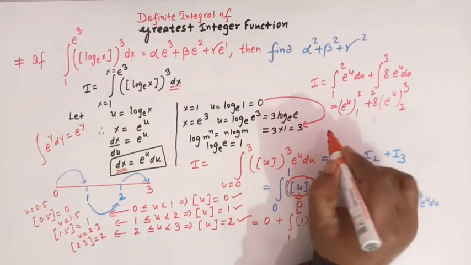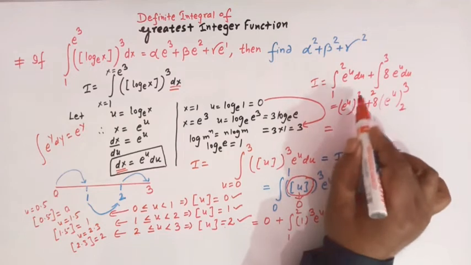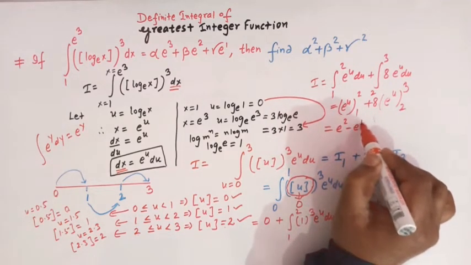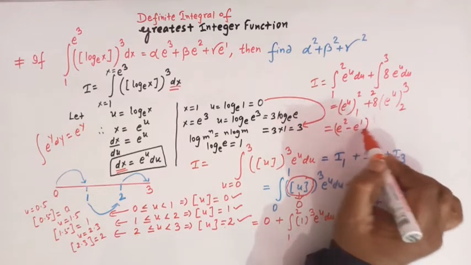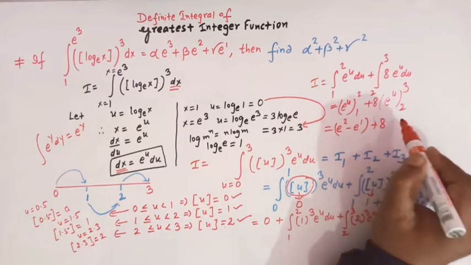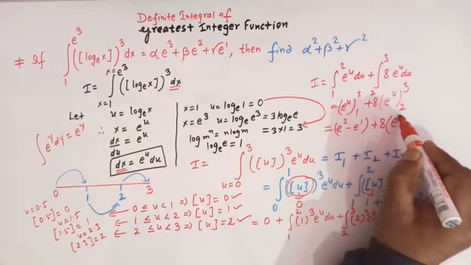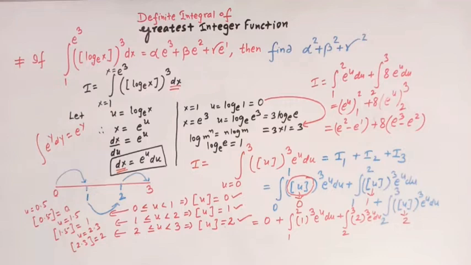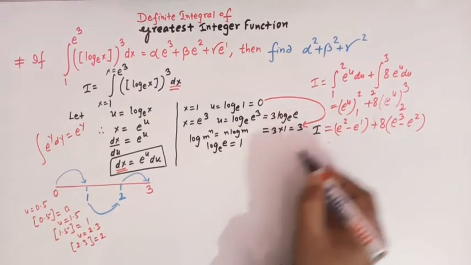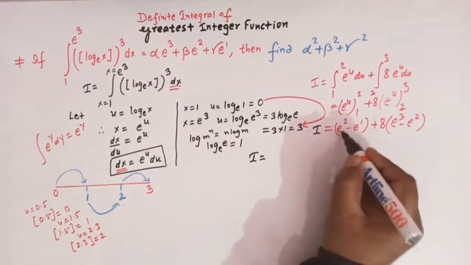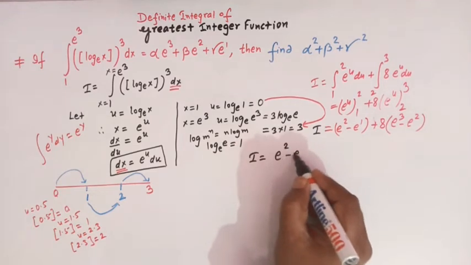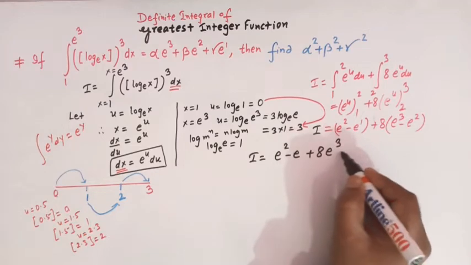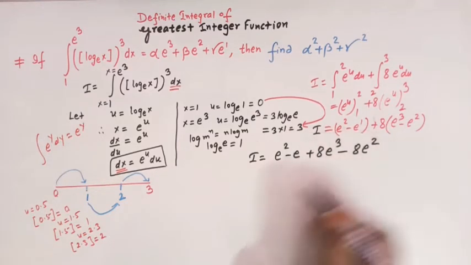Now we can substitute the limits here, so we have e square minus e raised to 1. We'll take the difference, and here we have 8 times e cube minus e square. So now this integral I can be written as e square minus e, and here we have 8 e cube minus 8 e square.